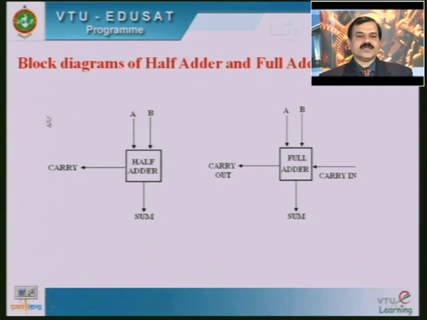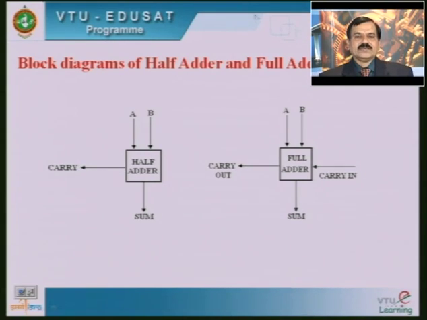1 plus 1 is 2. In binary, we say it is 1 0. That 1 is acting like a carry, and the sum value is denoted as 0. That sum value 0 and carry 1 is displayed on the carry line at the output.